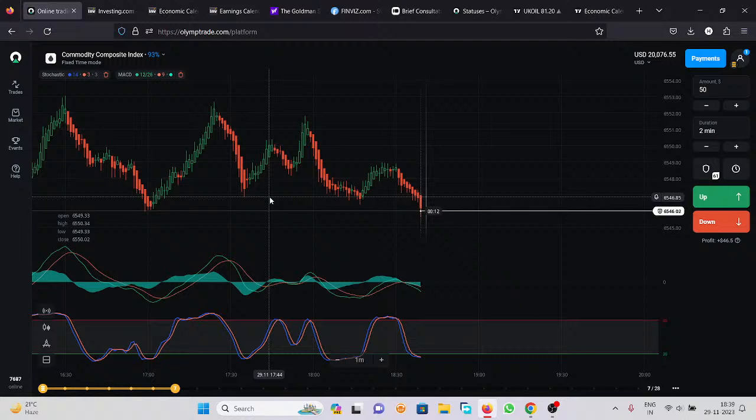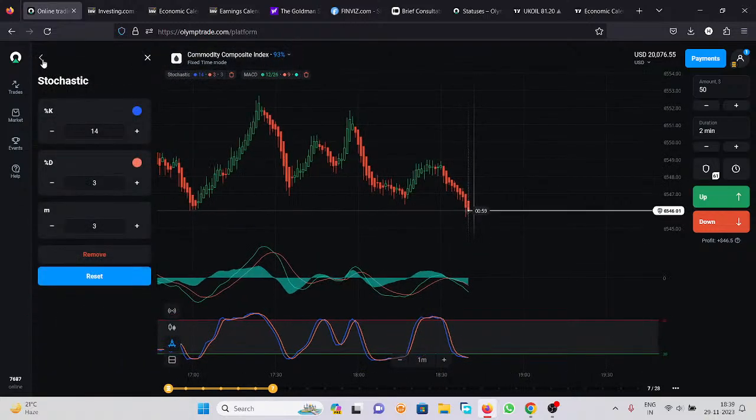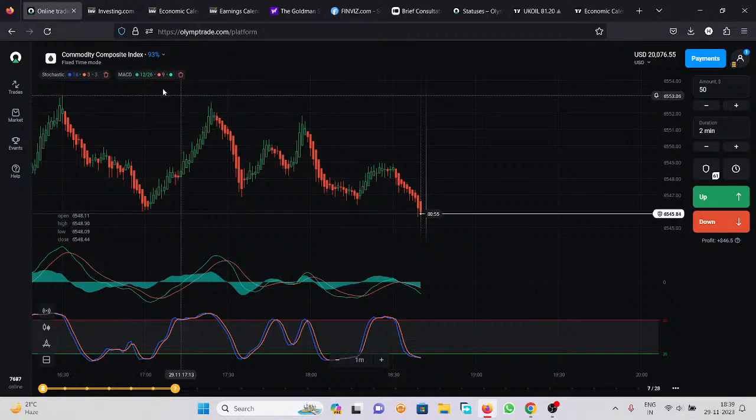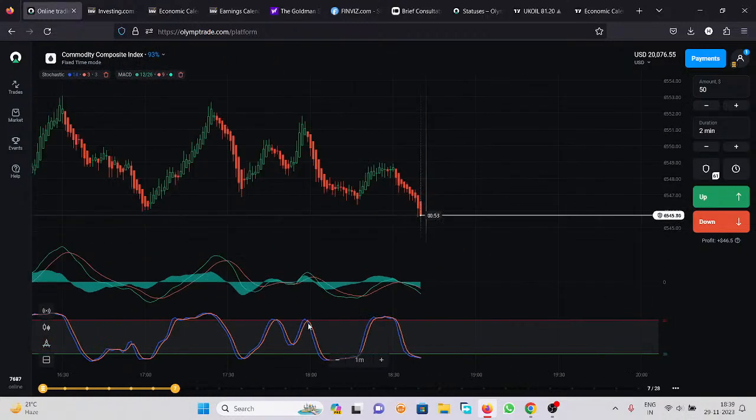No need to change anything if you are already an expert status holder. We have a stochastic oscillator with the period of 14, 3 and 3, and MACD with the period of 12, 26 and 9. Here is the MACD. MACD is the middle one, stochastic is the last one, and this is the Heikin candlesticks.